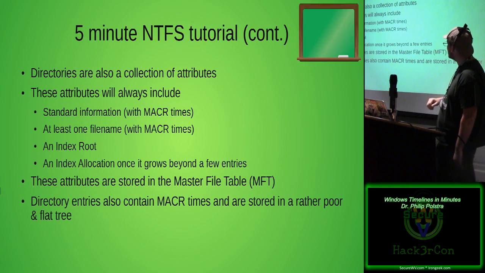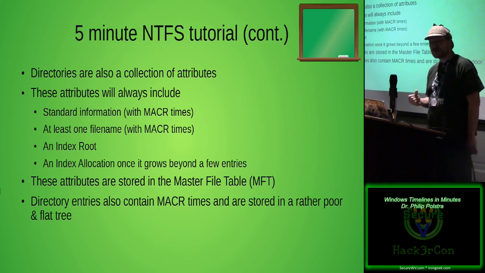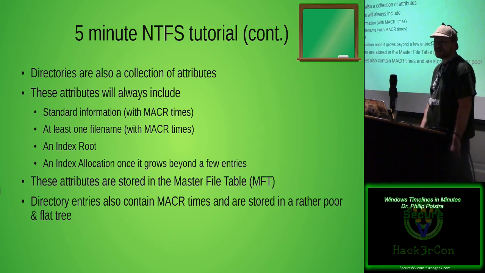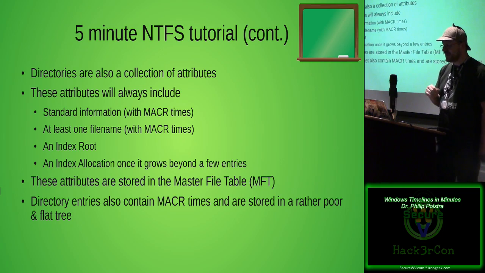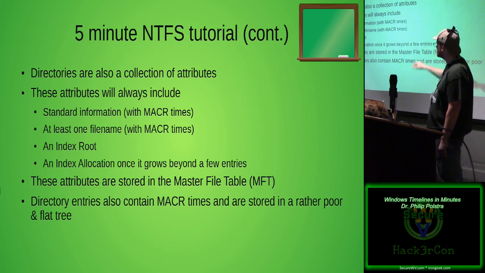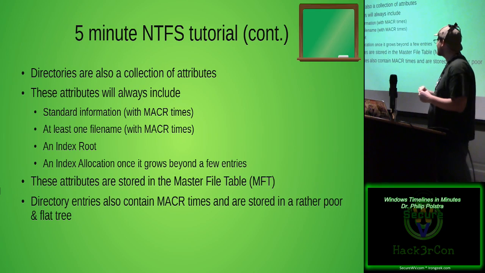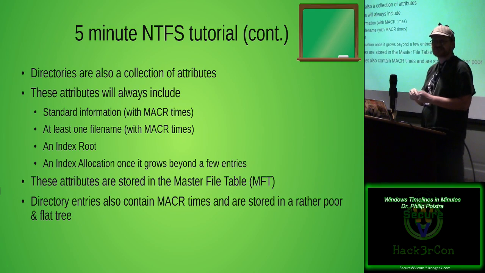So every file or directory has a 2-sector or 1024-byte set of these attributes that is an MFT entry. So that's a file. If you say, what about a directory? It's very similar. It's slightly more complicated.